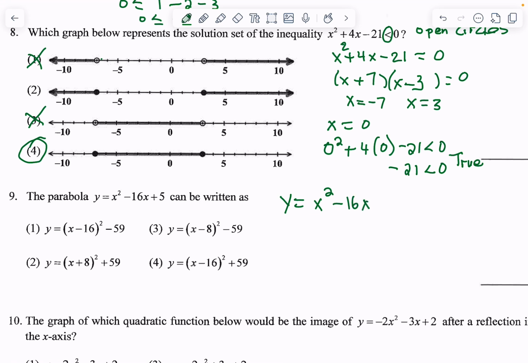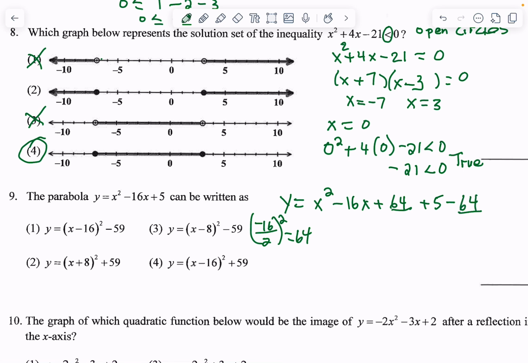16x plus a number plus 5 minus that same number, right? And to get that number, we're going to do negative 16 divided by 2 squared. It's negative 8, right? Negative 8 squared is 64. So we're going to add 64 here, and we're going to subtract 64 here.